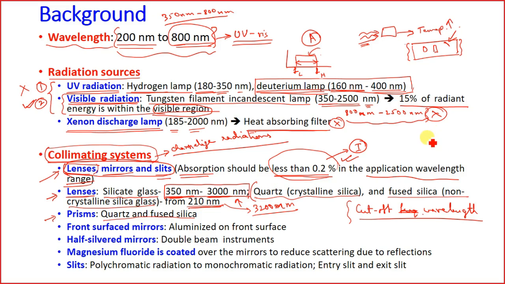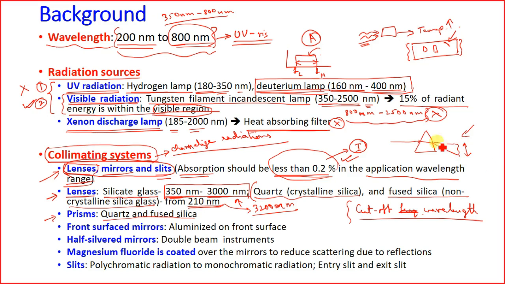So it comes from your basic class 12 examples, where you must have done some experiments with the prism. When light falls into the prism, it breaks down your radiation into a band of radiations. So with white light, you get a band of radiations. If we use particular collimating systems or the slits, you can then get a specific wavelength.